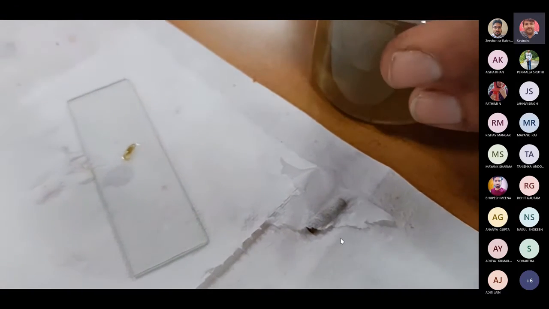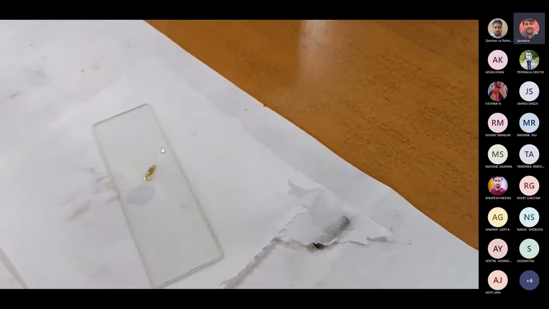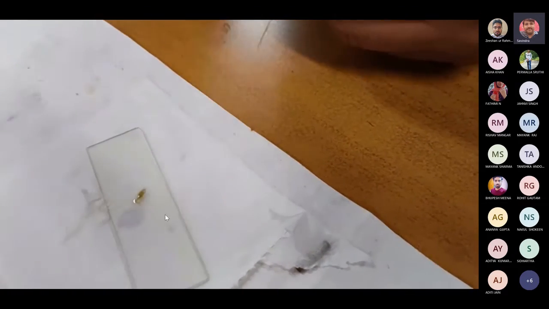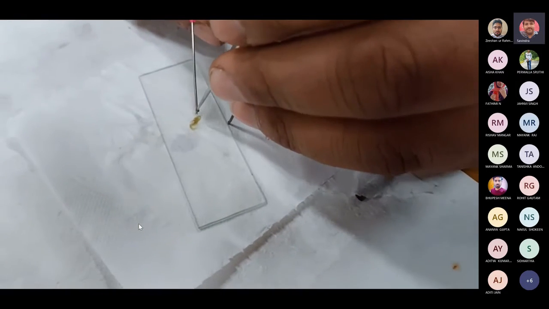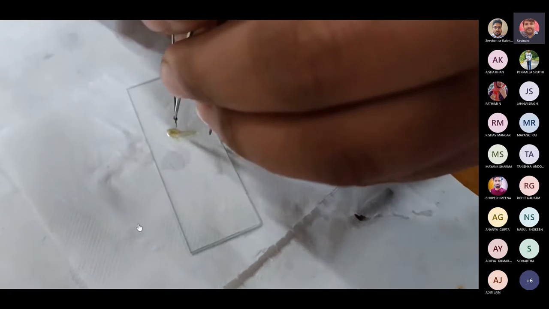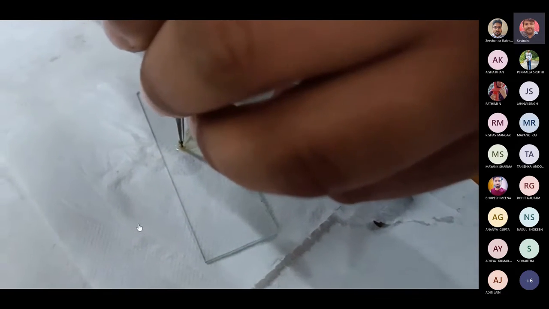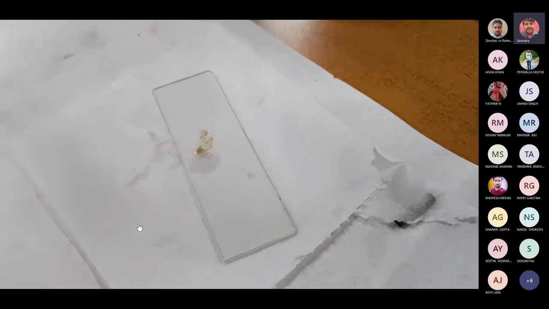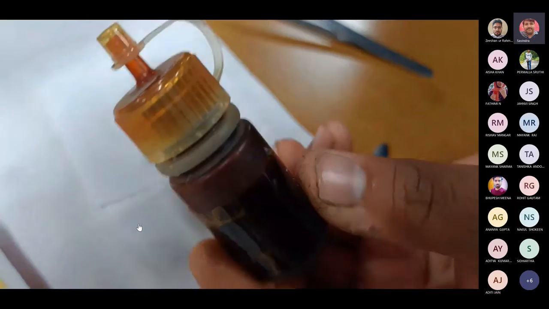Oh, that's very big. Now you can see how small it is. You can see there is some filamentous thallus-like structure, but you cannot identify it by naked eye, right? It may be anything. There are other filamentous algae like this, like Spirogyra, Ulothrix, and Cladophora, which is very common in this area.